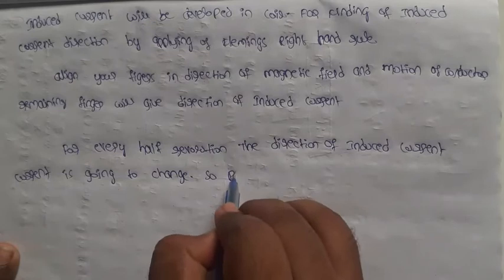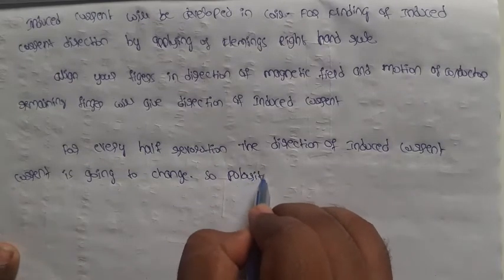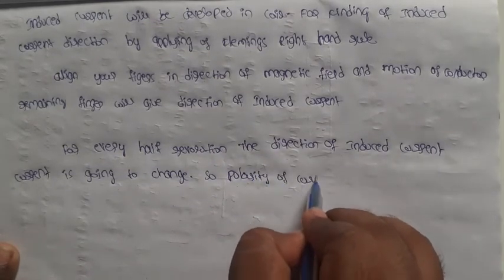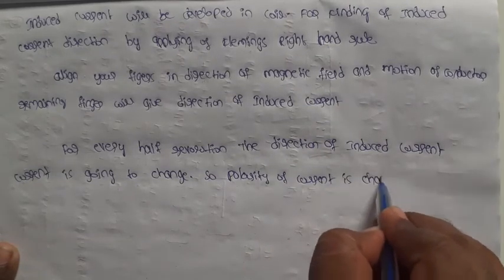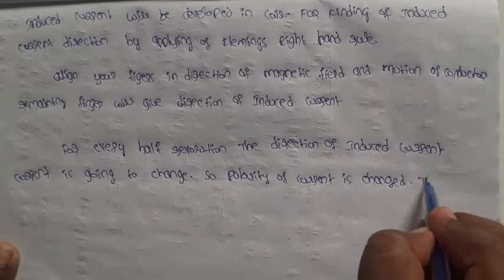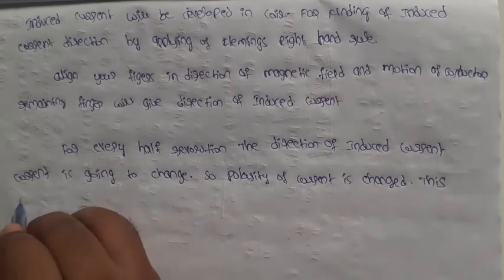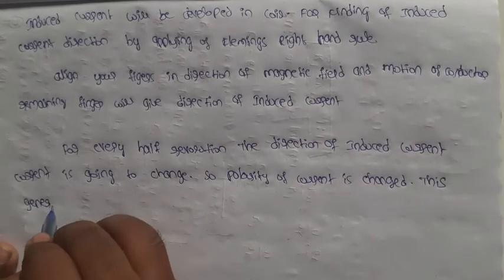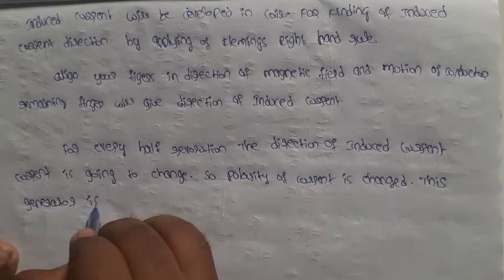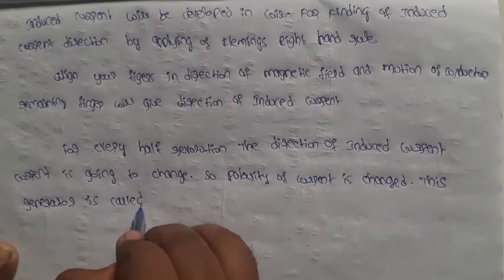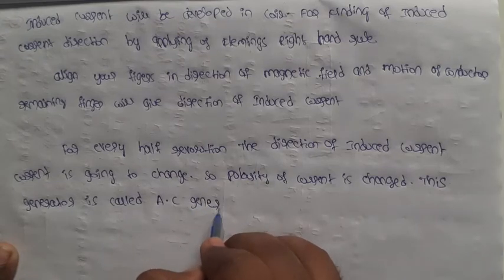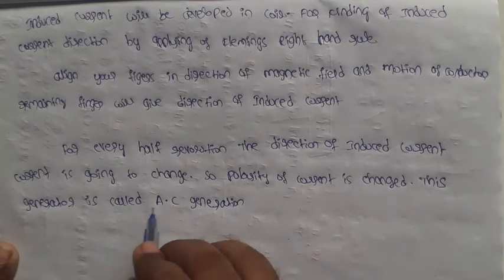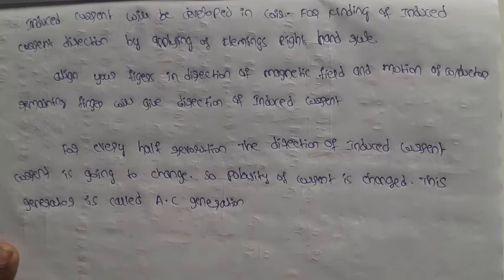So the polarity of current is changed. This generator is called AC generator. AC generator means alternative current generator.